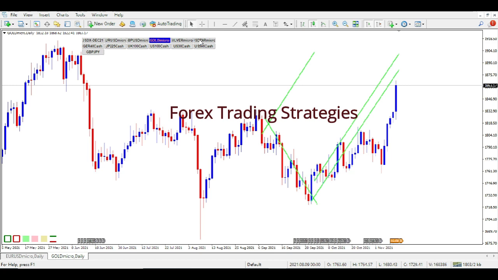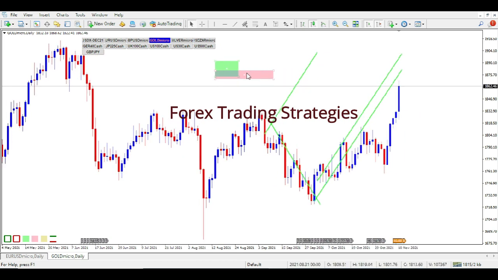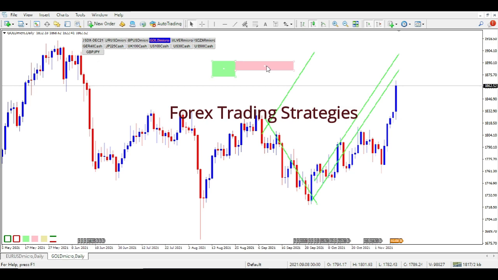But with the other pairs, let me do this. As long as you have the dollar on your left and your other currency on your right, and the dollar index is going up, it means buy that pair.